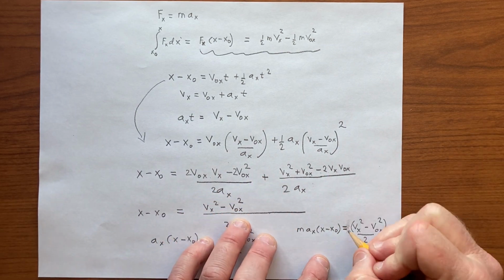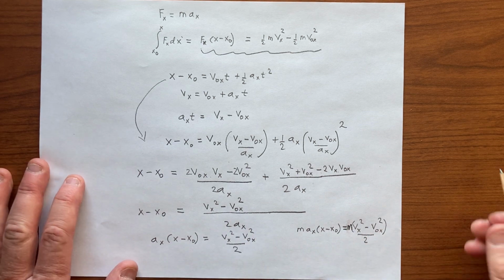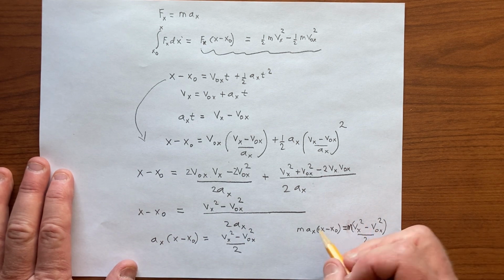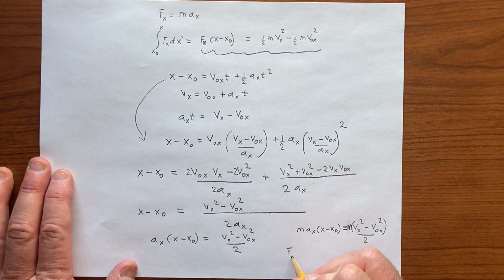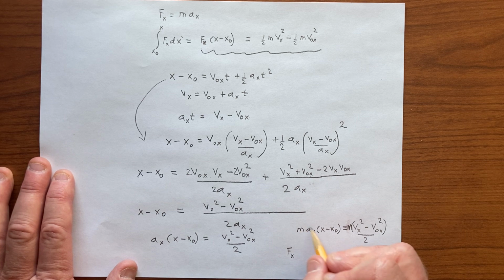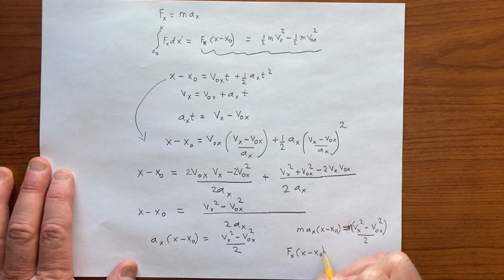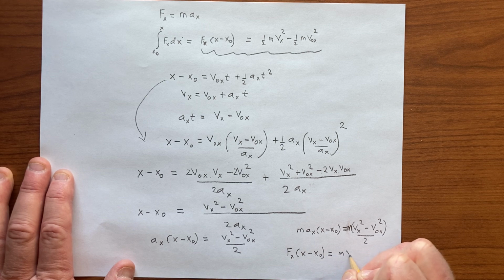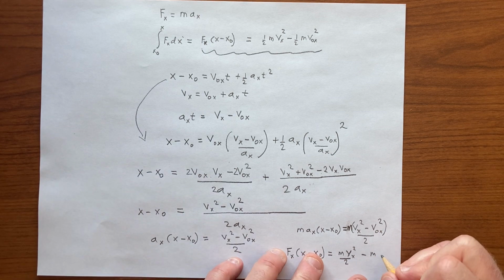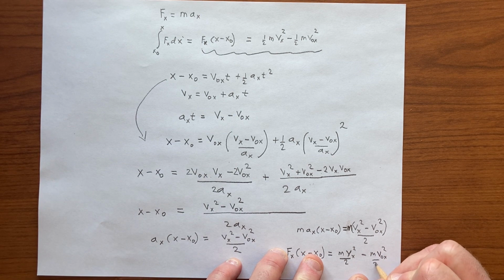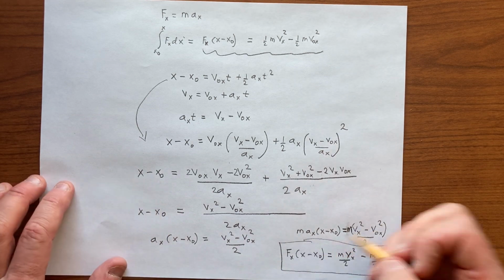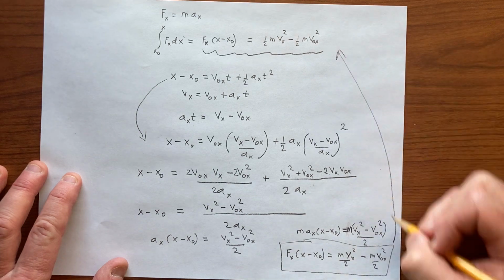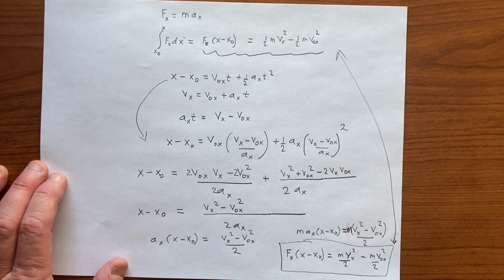Let's put the mass here, and so I can see that this is the difference in kinetic energy, and then via F equals ma, I can write this as Fx times x minus x naught is equal to m vx squared over 2 minus m times the initial. Right, so this is just delta K, and indeed I have recovered that expression.